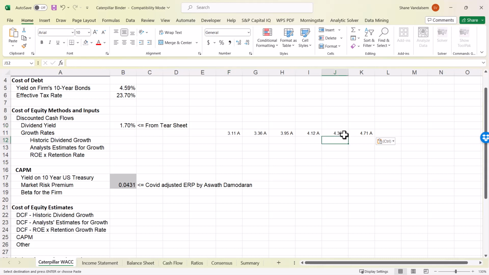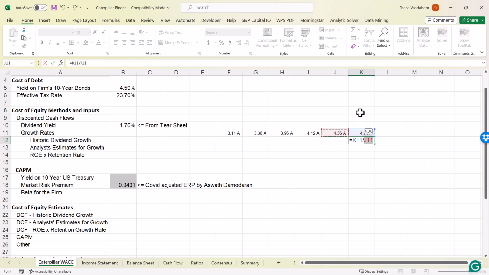And now I'm just going to calculate the growth rate from one year to the next. So I'm going to take equals. Hopefully this will work. I may have to make a little adjustment here. This was the 2022 dividend of 4.71 divided by 4.36. And then I'm going to subtract 1 from that. So I'll put the year up here.